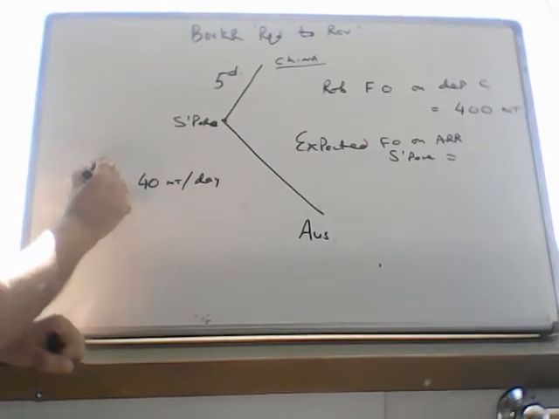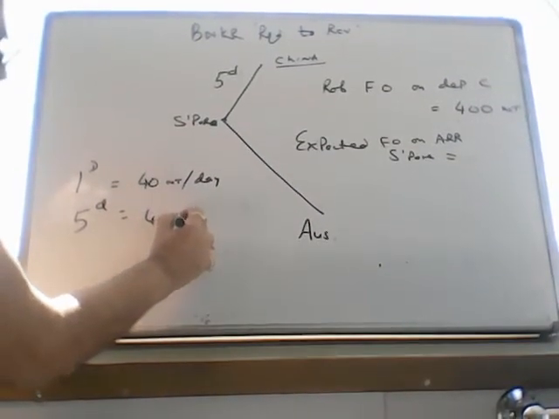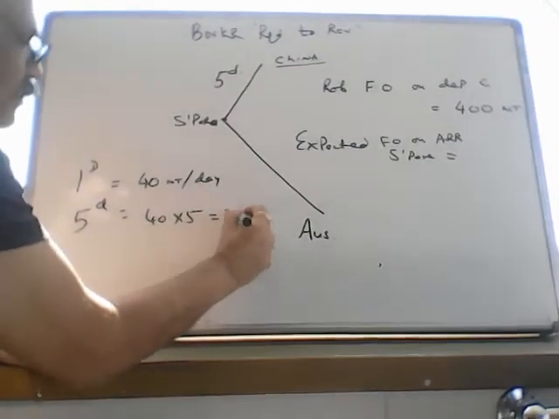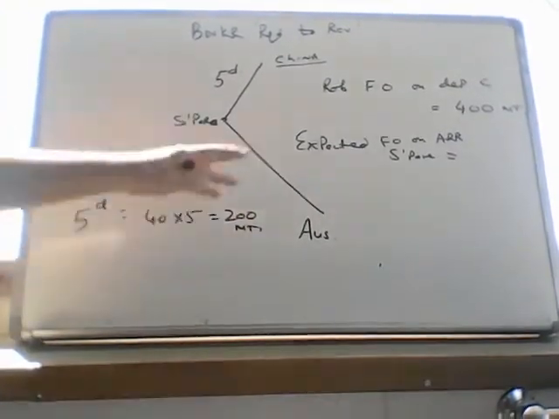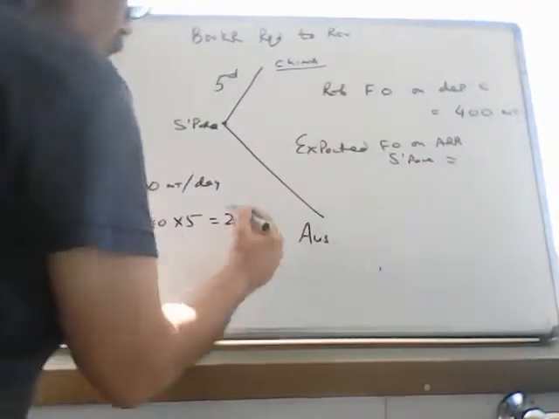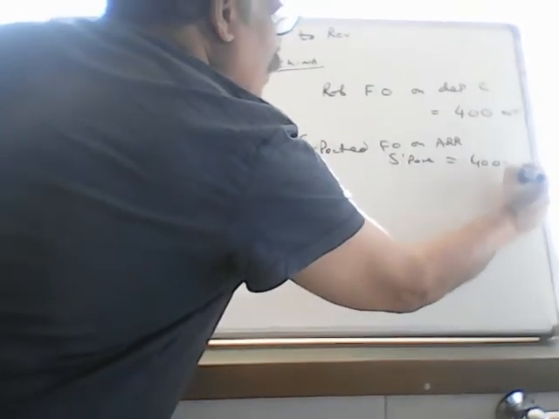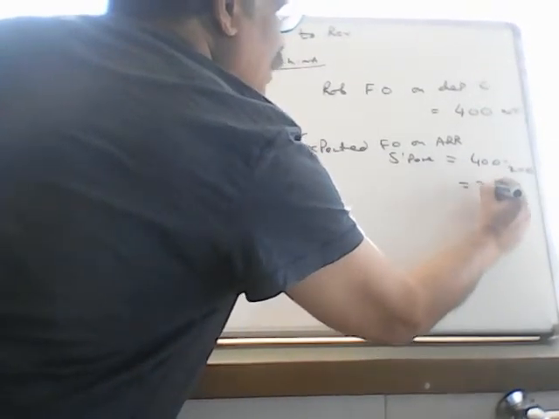This is for 1 day. So for 5 days consumption will be 40 multiplied by 5, 200. So expected ROB arrival Singapore will be 400 minus 200. So that will be 200.